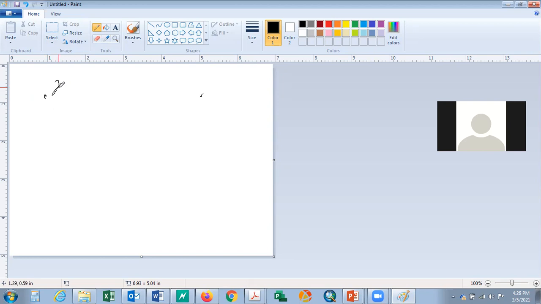Say this one, X1 and Y1. You can again assume this to be the latitude and the longitude, X2 and Y2, X3, Y3, X4, Y4.